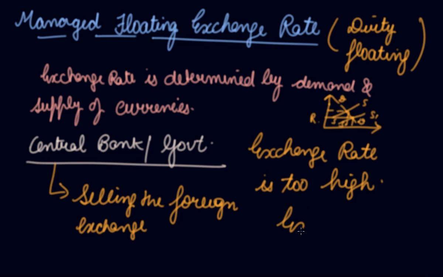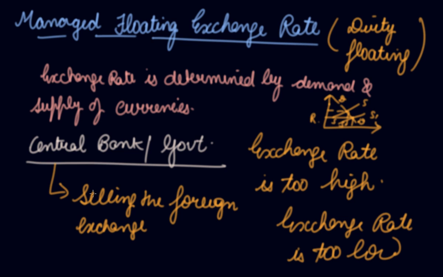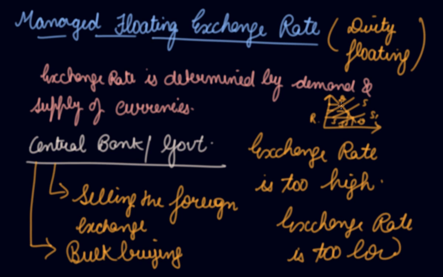If they think that the exchange rate is too low, what will the central bank do? The central bank will indulge in bulk buying, thus increasing the demand and increasing the exchange rate.